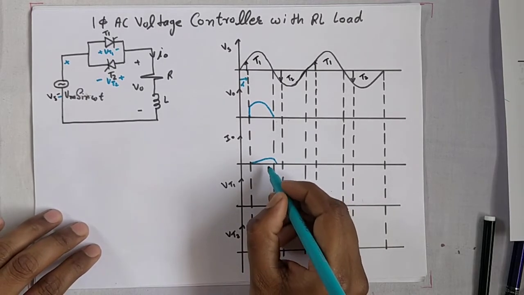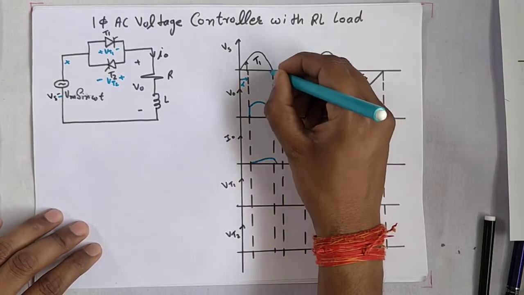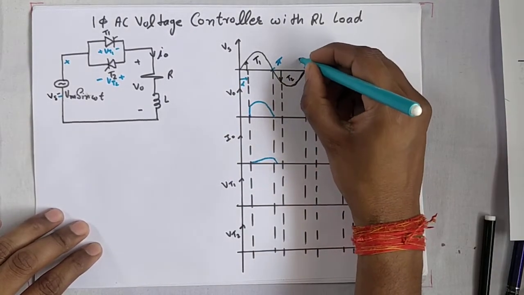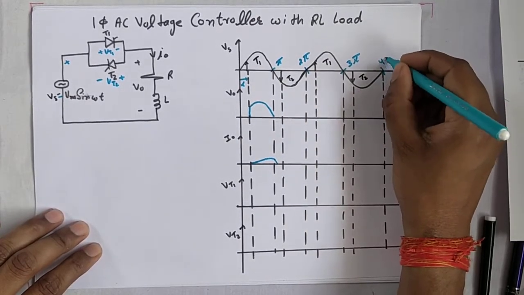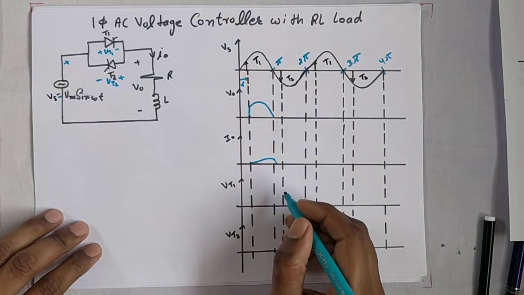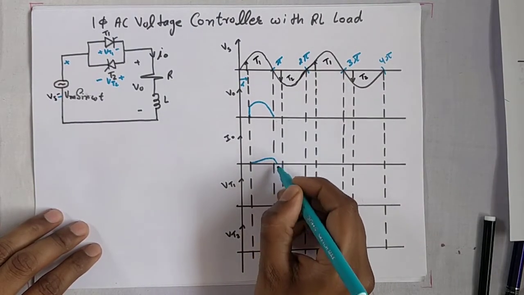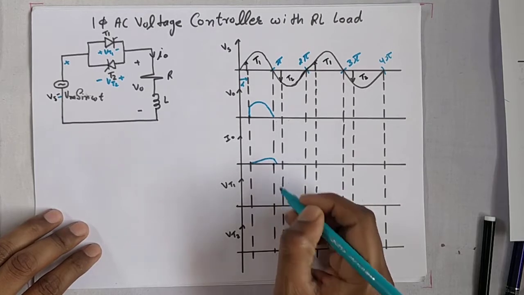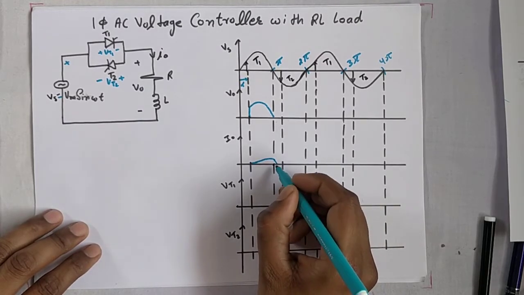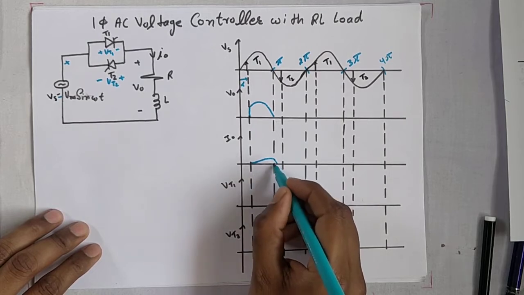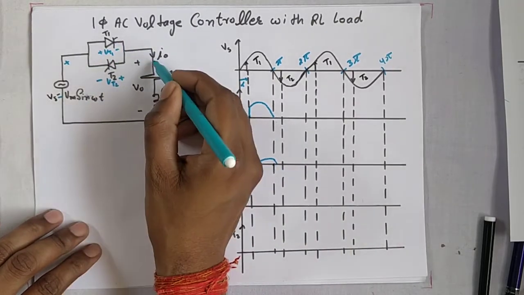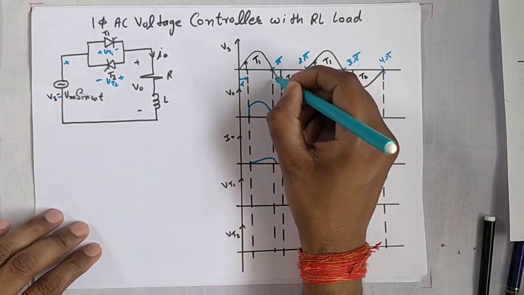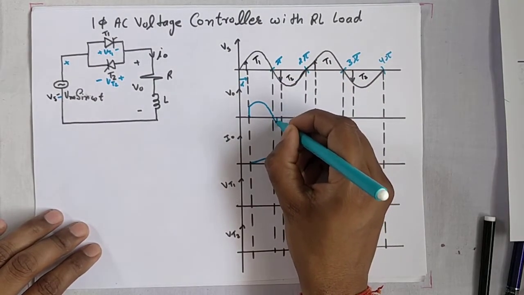So from here this is pi, this is 2 pi, this is 3 pi, and this is 4 pi. When the current increases and decreases, it crosses the point pi. That means current is present from 0 to some angle more than pi. So at this time, from here to here, this thyristor is on, so the output voltage will be seen like this. Okay?